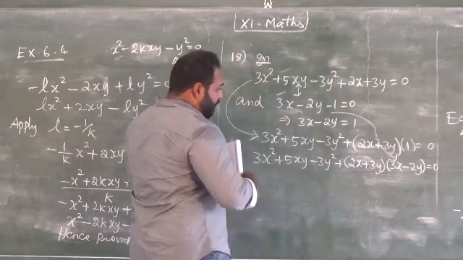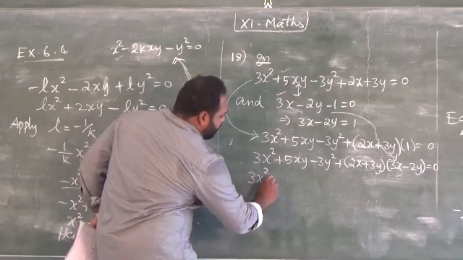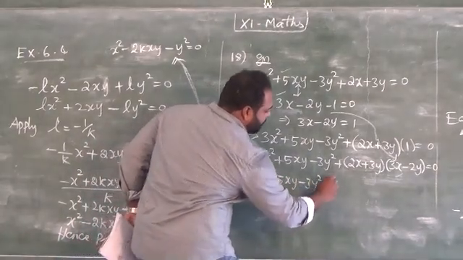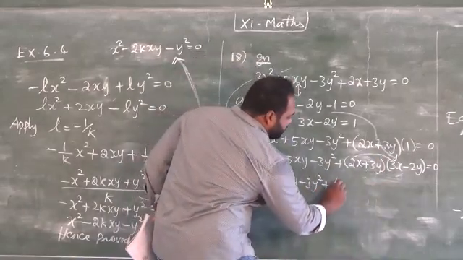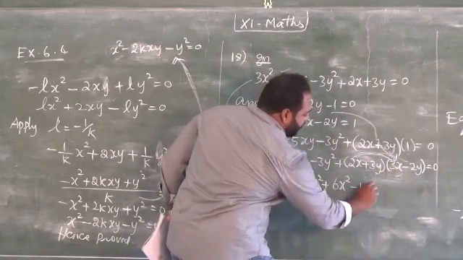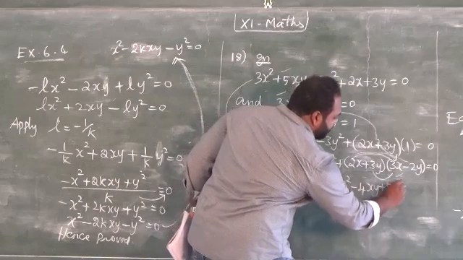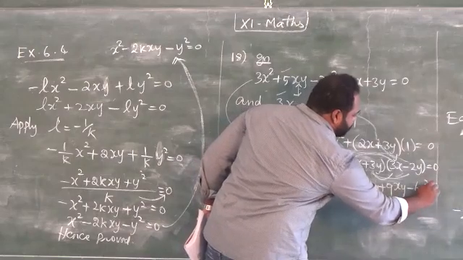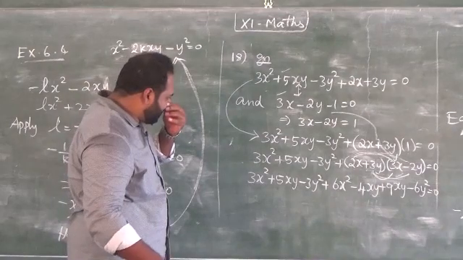Now I am going to multiply these two factors. So 3x square plus 5xy minus 3y square plus, we know how to multiply: 2 into 3, 6x square, 2 into minus 2y, minus 4xy, plus 9xy, minus 6y square equal to 0. Next, write according to the order.